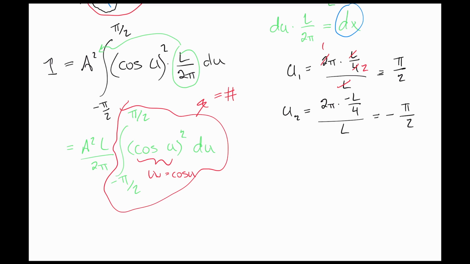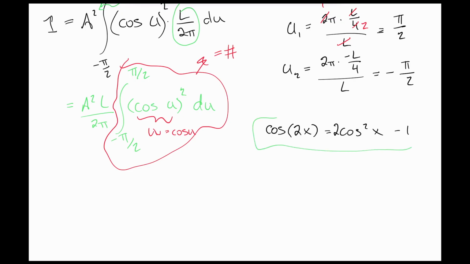What you actually do here is you use this identity here, which is cosine squared x equals, if I'm not mistaken, the double angle identity. So take a look online how to solve this integral here, and you will come up with this identity.